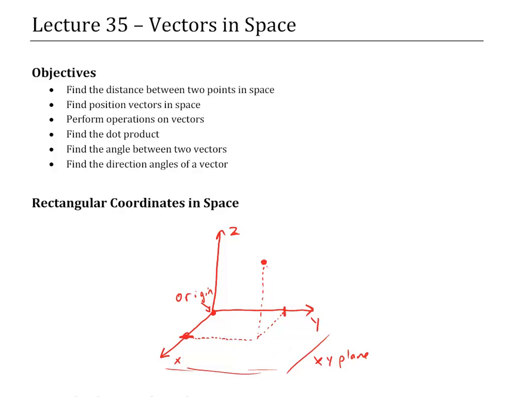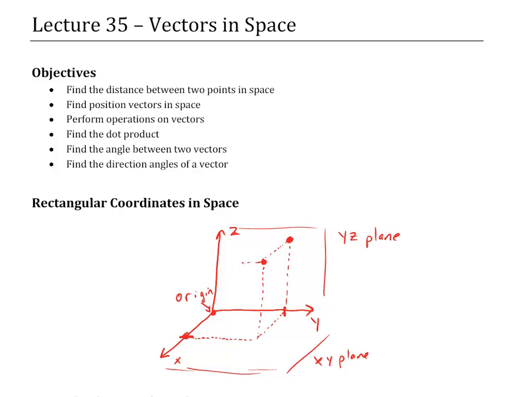Now I can also, instead of just dropping the point straight down to the xy plane, drop it back here to what I would call the yz plane, because that is the plane that contains the y and the z-axis. Now I'm going to drop it straight back parallel to the x-axis until I hit that plane. And you'll see if I drop straight down, I end up at the same place as if I'd gone straight down and then back to the y-axis. If I go back to the yz plane and straight down to the y-axis, I end up in the same place.